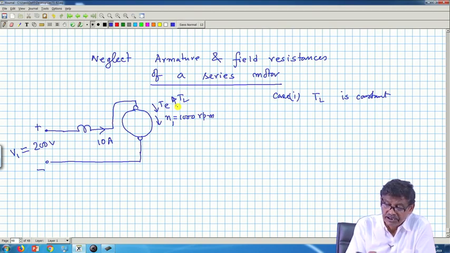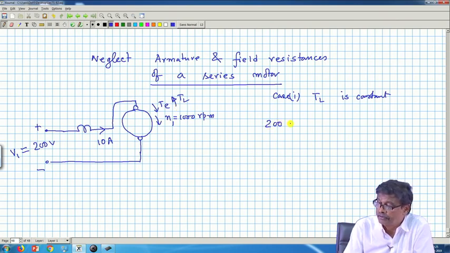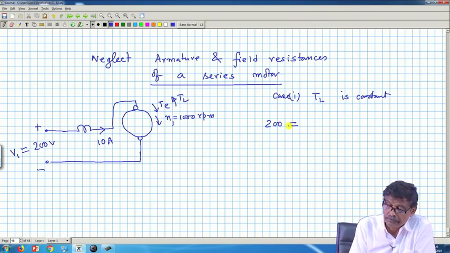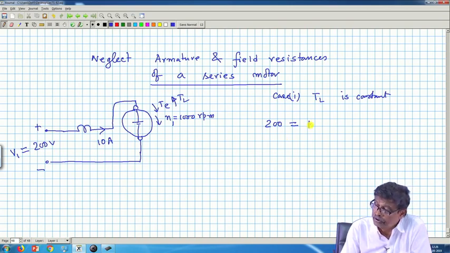So, from the initial steady state conditions, I can say that 200 volt applied voltage is equal to this, and these resistances are neglected. So, supply voltage will be balanced by the back EMF. And what is the back EMF? Back EMF is proportional to flux per pole, that is proportional to K into 10 into 1000. This is one equation.